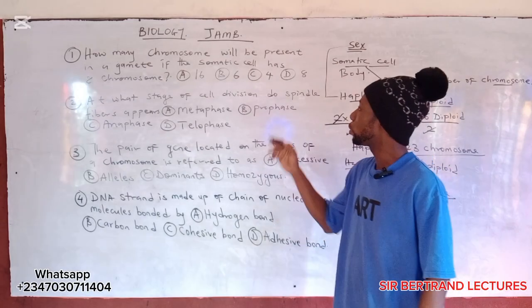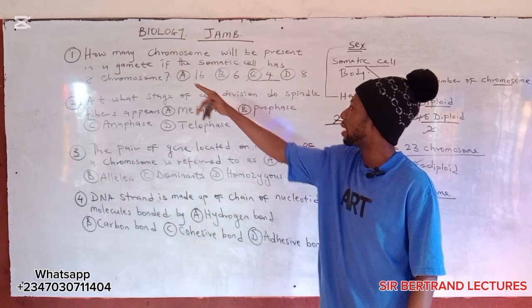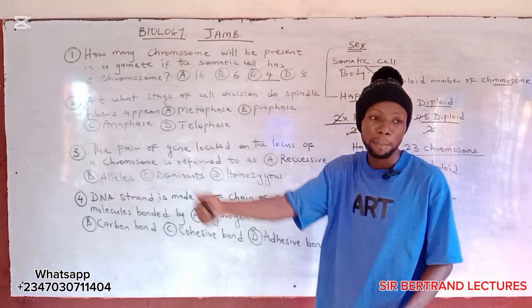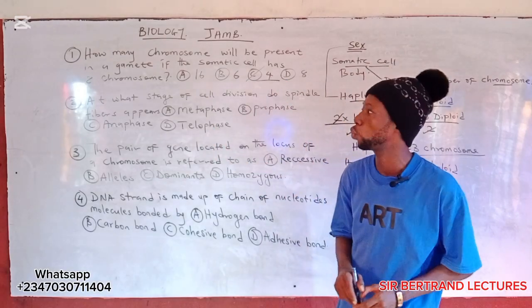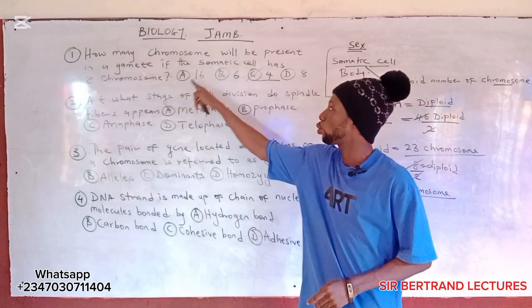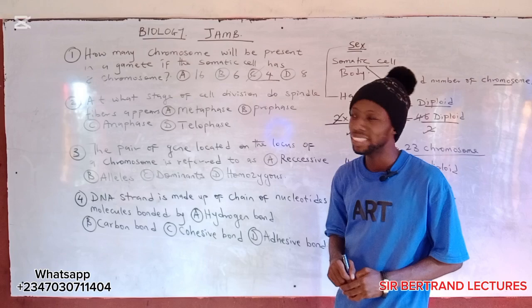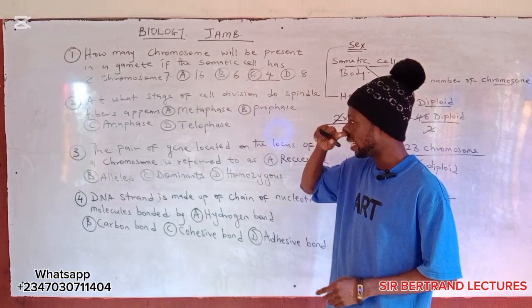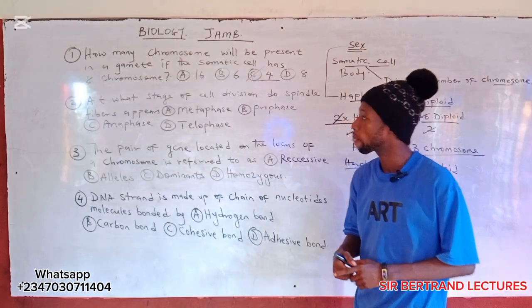So the answer becomes option C, which is 4. The gamete cell, which has the haploid number, has 4 chromosomes if the somatic cell has 8 chromosomes, the diploid number. That's for question number 1.